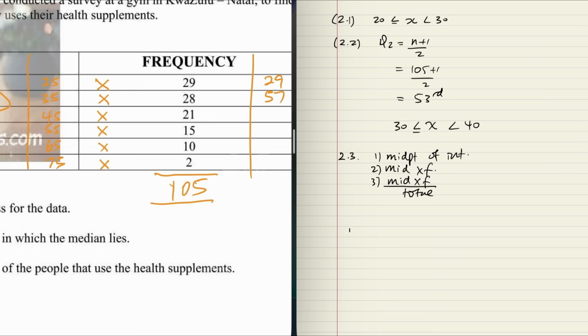So the estimated mean is going to equal 25 times, let's write it a bit bigger.